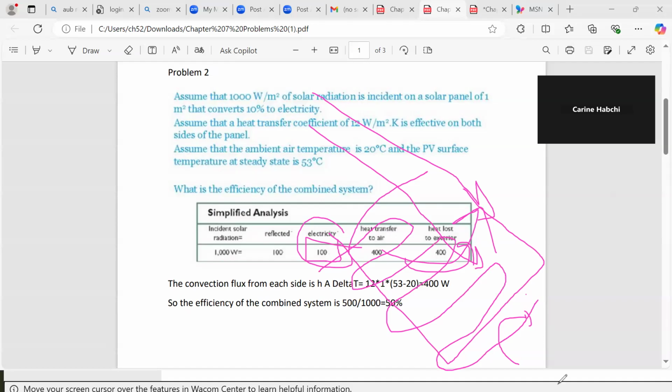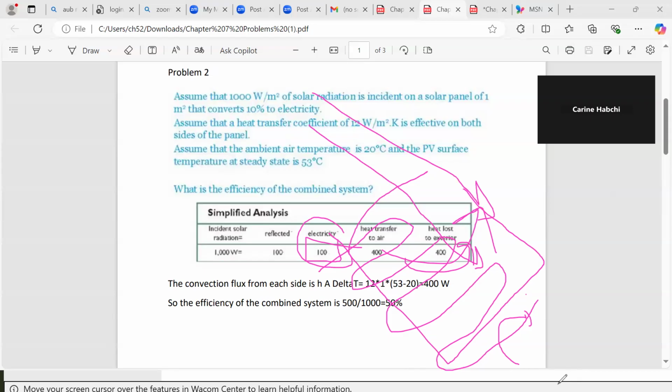Or sometimes we insulate, in case the main purpose is not to produce electricity. If the main purpose is heating, then we insulate the backward side, and within the collector we put tubes to directly extract the energy. We'll see it in another application.